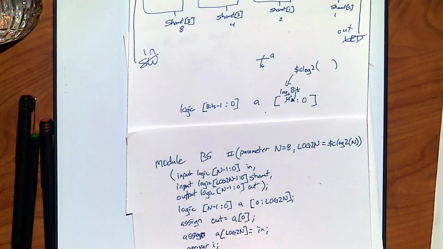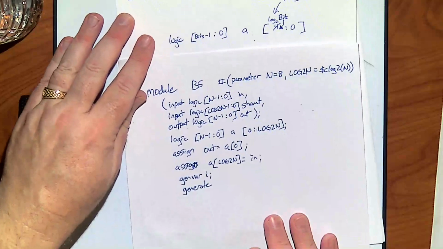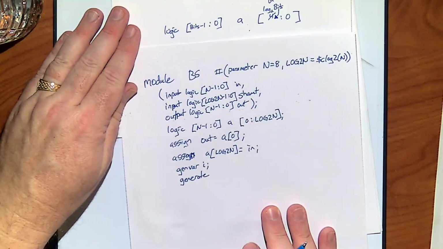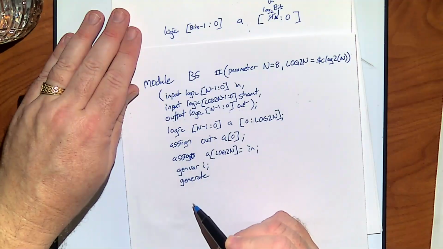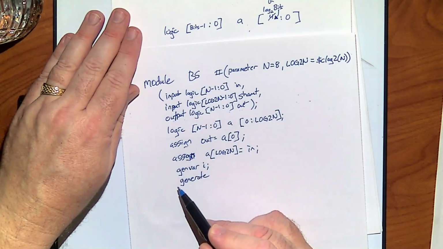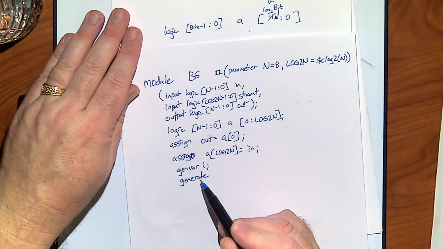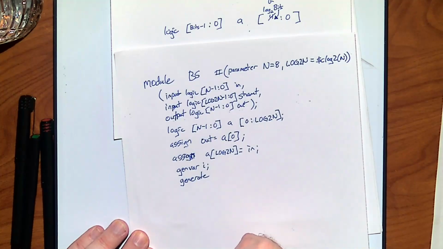And then we can start our gen. Yes, genvar i and then semicolon and then generate. So generate says build something, and it'll be ended by an endgenerate.